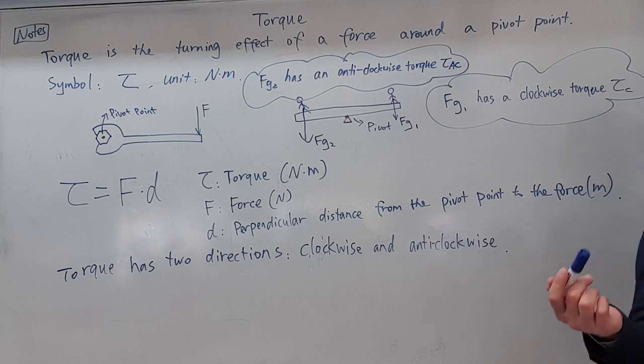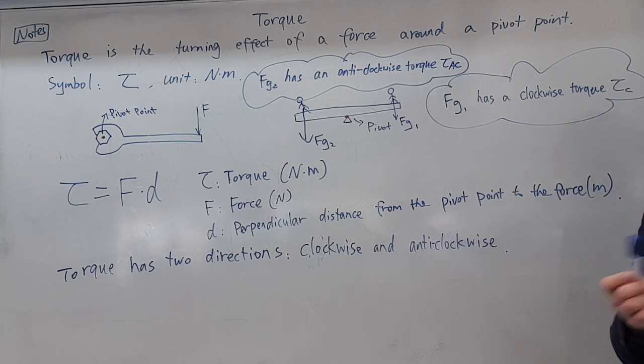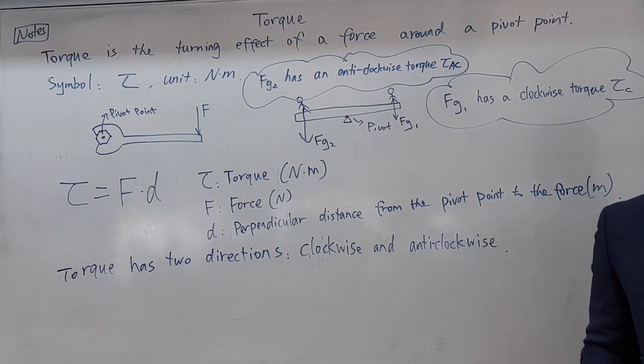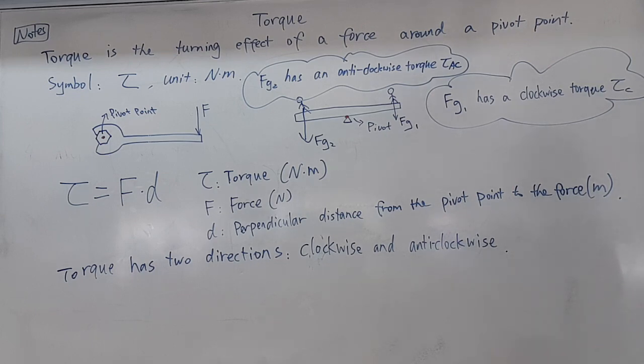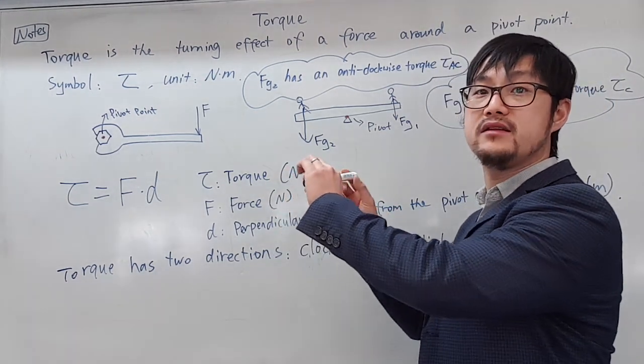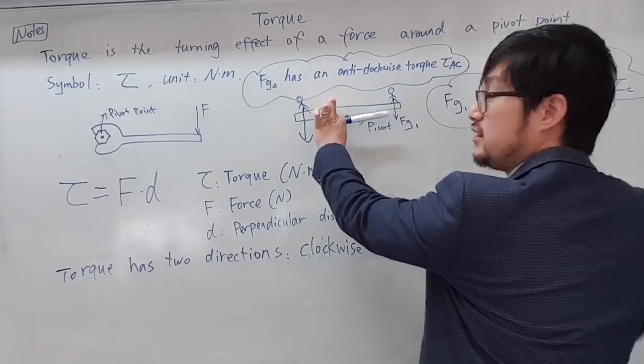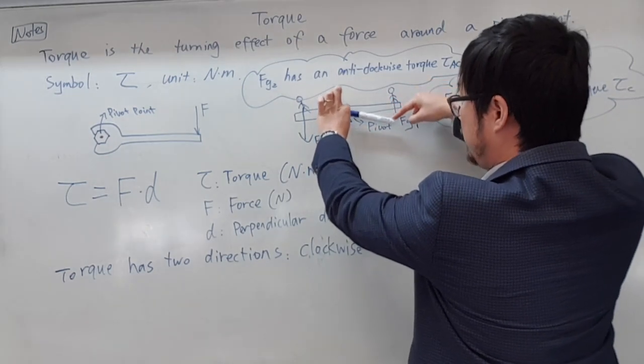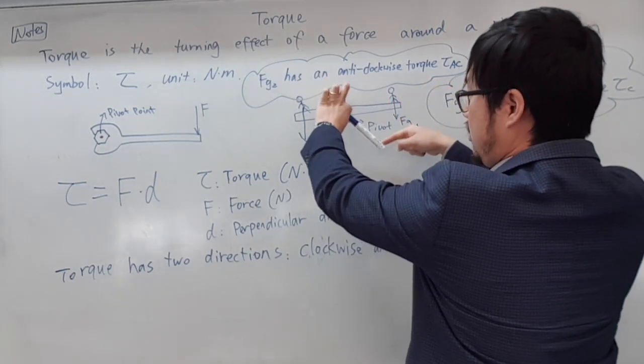Okay, so which one is clockwise and which one is anti-clockwise, you have to decide, and it depends on where the pivot point is, right? A trick that I teach the students to use, if you get confused, is you hold your pen at the pivot point, and then you use your hand to rotate it, oh yeah, so that's clockwise, right?